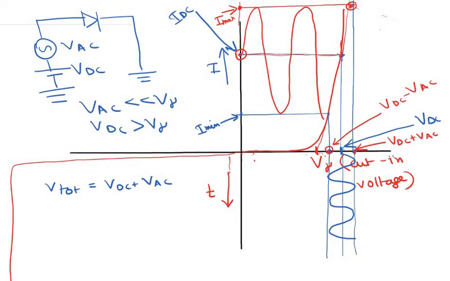So the function of the DC voltage is basically to take the regime of operation of the diode to a voltage which is greater than V gamma. The function of the DC voltage is to cross this cut-in voltage V gamma.